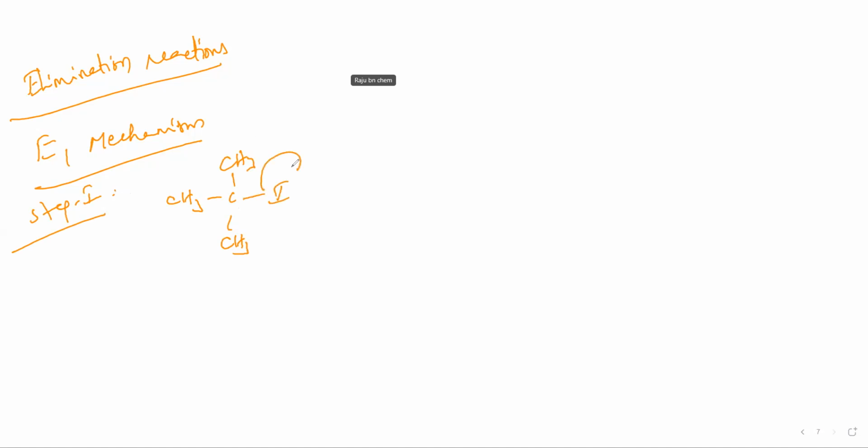In tertiary methyl iodide, iodide will depart here, I minus. So this is always a slow step. What you are getting is C plus, CH3, CH3, CH3.